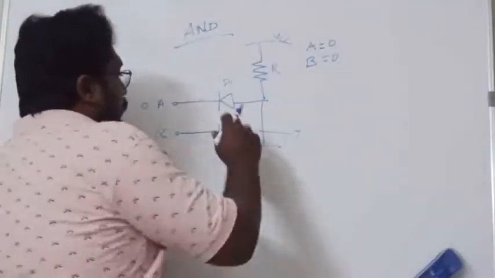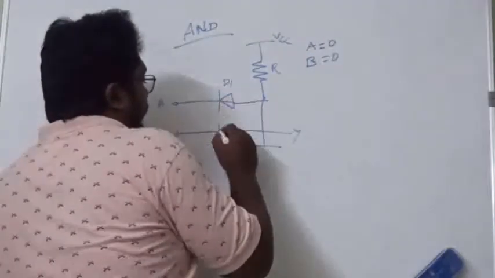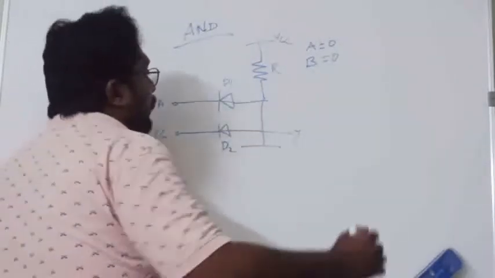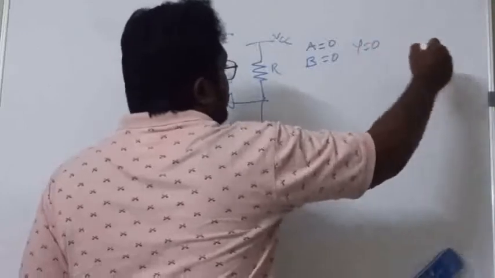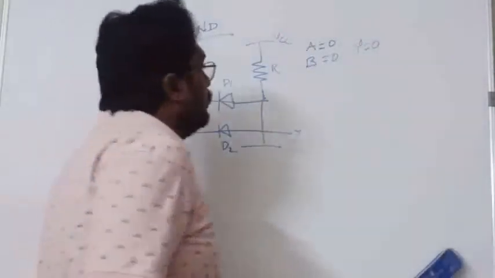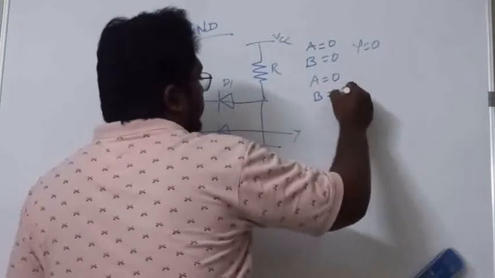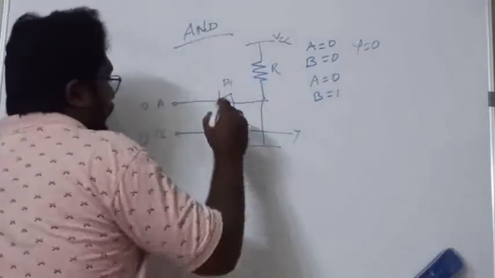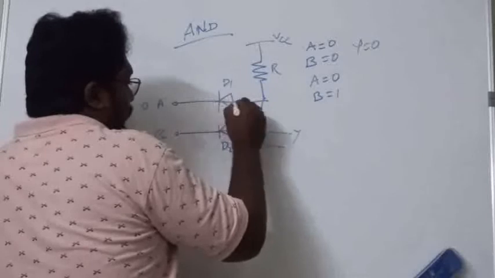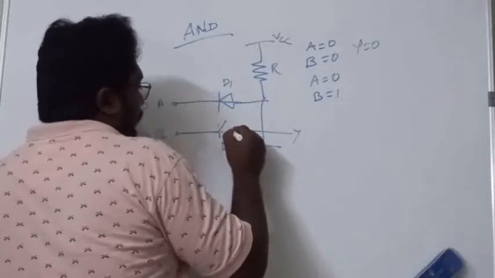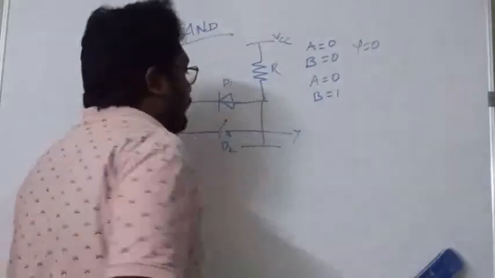So both the diodes D1 and D2 will become short, and the output Y will become 0. So if again I am taking A is equal to 0 and B is equal to 1, then the diode D1 will be short, and the diode D2 will be open circuit.